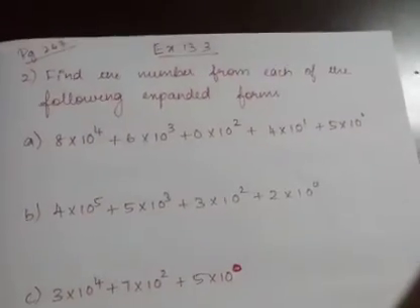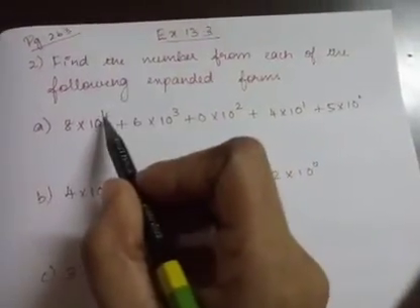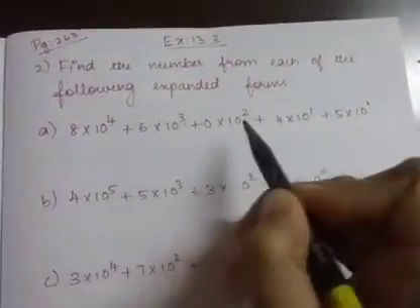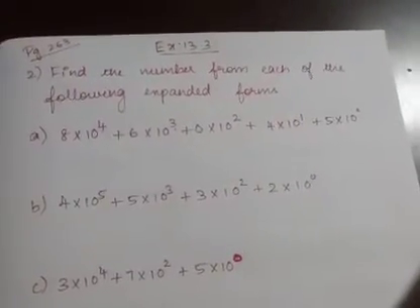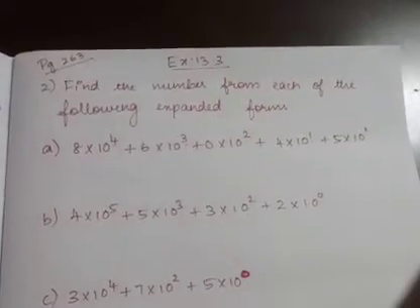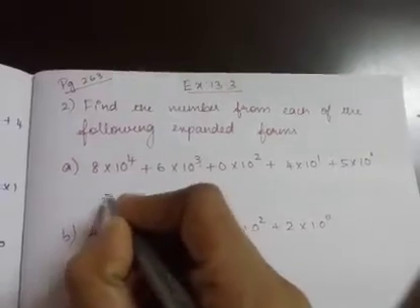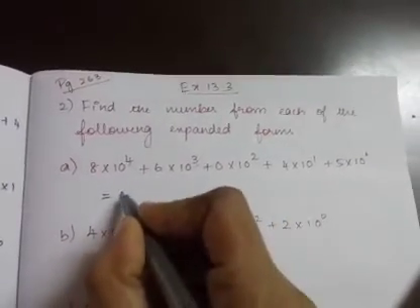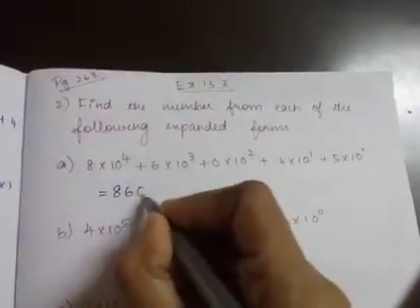First we should check whether the powers are in decreasing order. 10 power 4, 10 power 3, 2, 1, 0. If anything is missing, we can say that number is 0. But here no numbers are missing, so you will write as usual. 8 first. Next 6. Next 0.